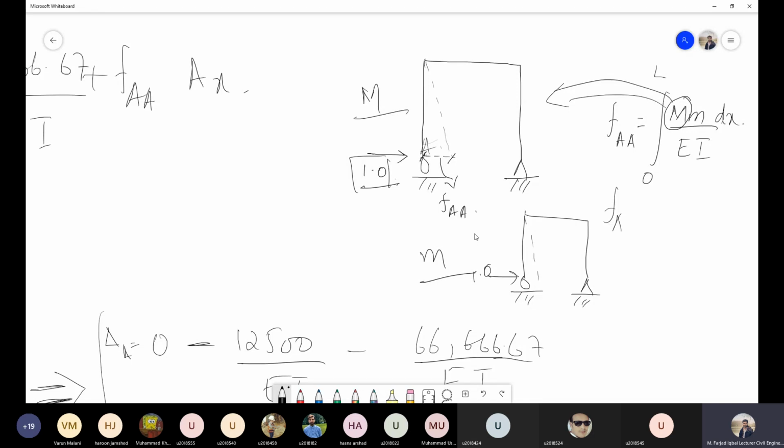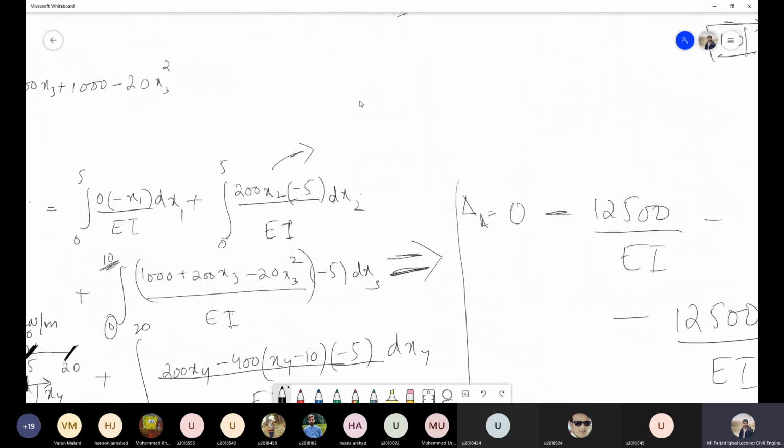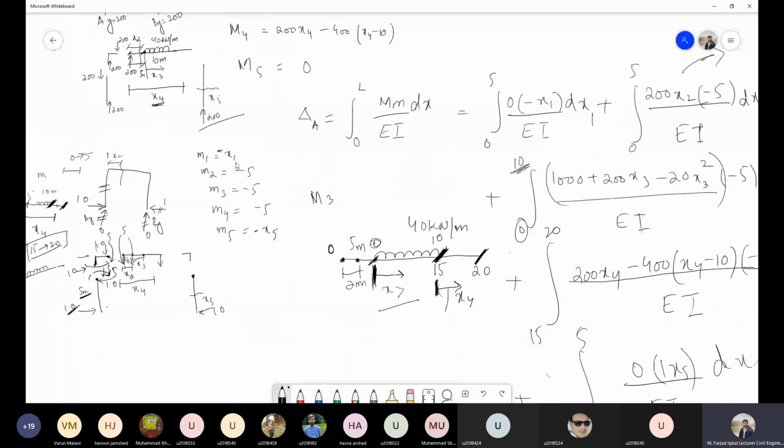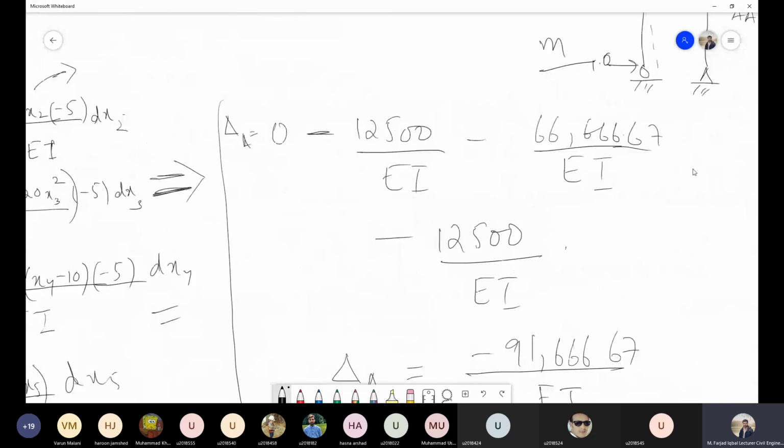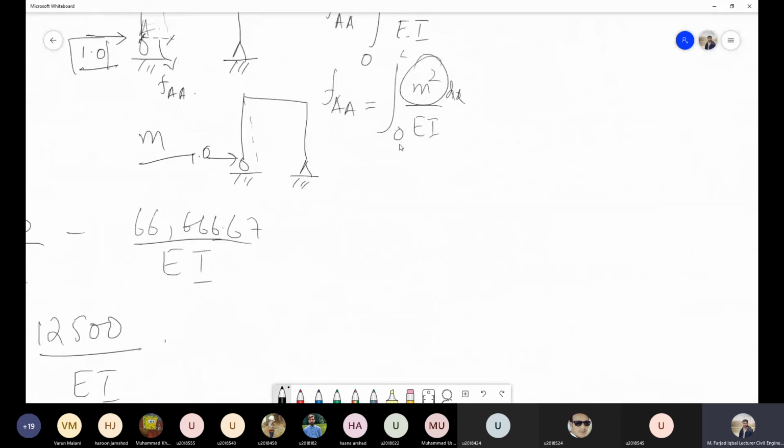So can I say that FAA is integral 0 to L of m square over EI dx. Now we already have the equation of small m for this frame. We wrote it over here. We just need to take the square of these equations, and we will get this factor FAA. So is there any confusion about this one?